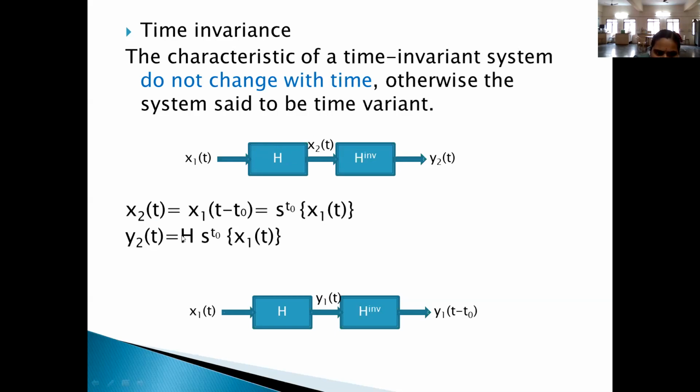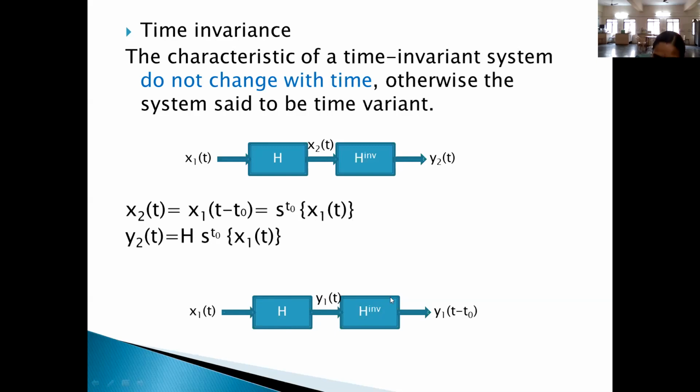That's what is written here, H of x2 of t. x2 of t means s power t naught of x1 of t. This is how the equation changes here. Then what is next? x1 of t is equal to H y1 of t.